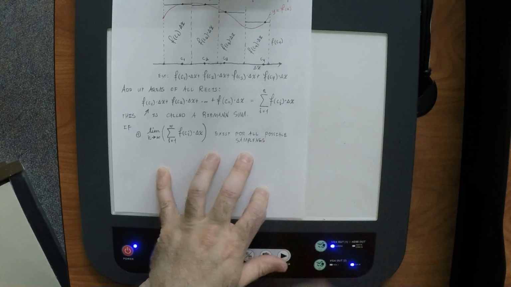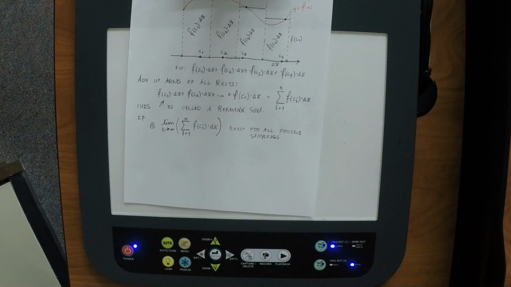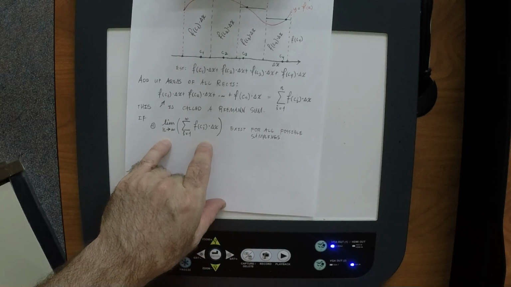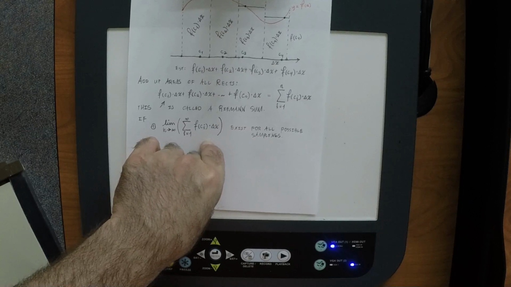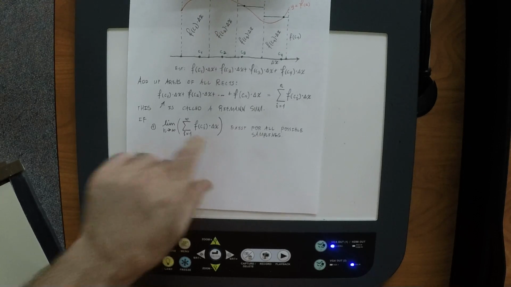So what I mean is that, you know, in the picture I just sort of arbitrarily chose some samples. You might come up with a different way, like say, I'm always going to choose the one that's in the middle. Or I'm always going to choose the left endpoint. Or I'm always going to choose the right endpoint. Or, you know, there's just any multitudinous way to come up with a way to choose a sample. What I'm saying is that if this limit exists for every conceivable sample, like it doesn't matter how you sample, the limit's always going to exist.